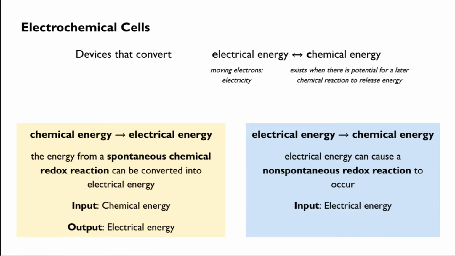So in this case, I would be putting in electrical energy and I would be getting out chemical energy that I could maybe use later. So I could go chemical energy to electrical energy, generating electricity, or I could use electricity to make a chemical reaction happen and generate chemical energy that I could potentially use for later. These are kind of the two ways that electrochemical cells could go.